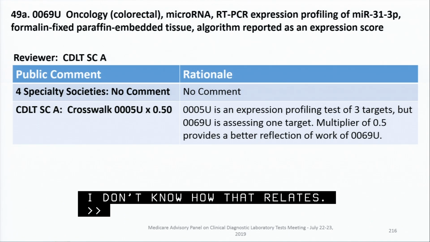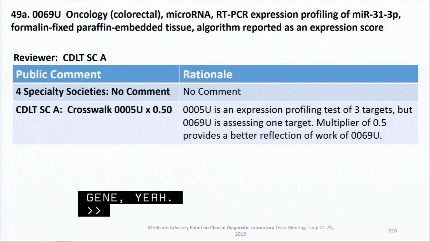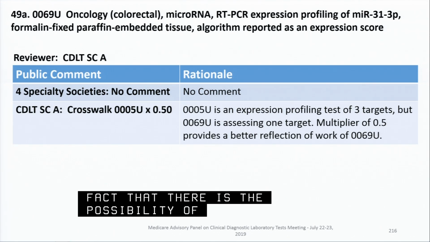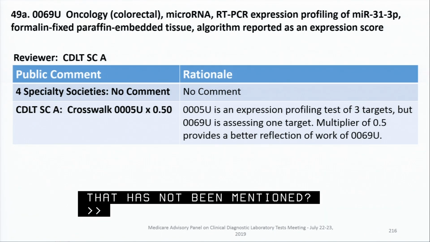So Dr. Lyon, let me make sure I understand. So you're saying that a multiplier of 0.5 is reasonable given the fact that there is the possibility of a control gene that has not been mentioned? Yes, I'm imagining that it needs to have a control gene in there. Okay, thank you. Any other comments? Any comments from the phone?